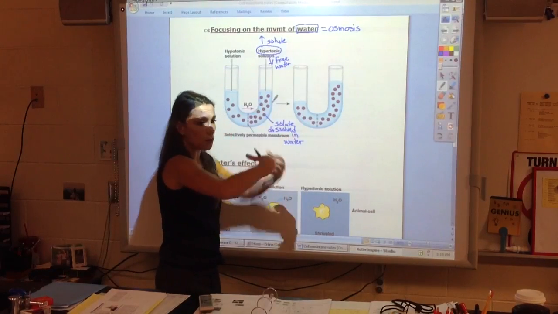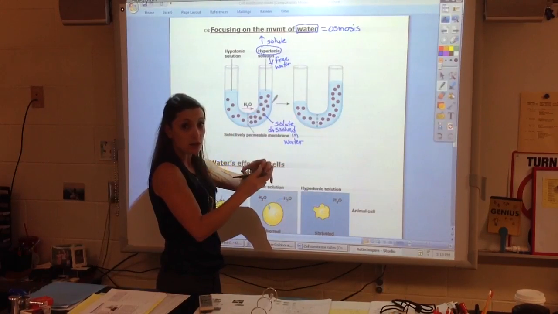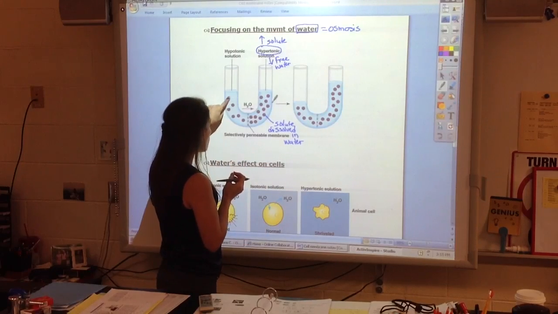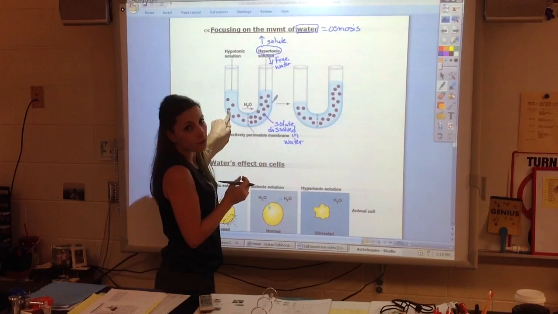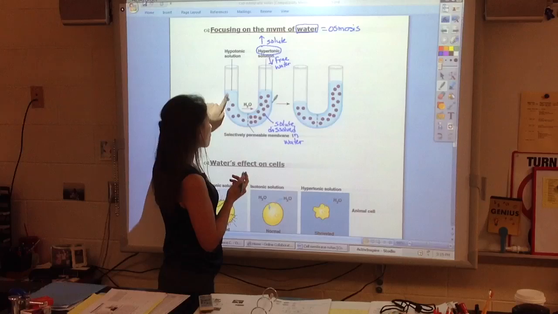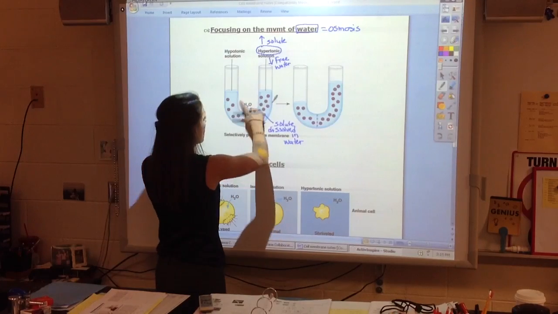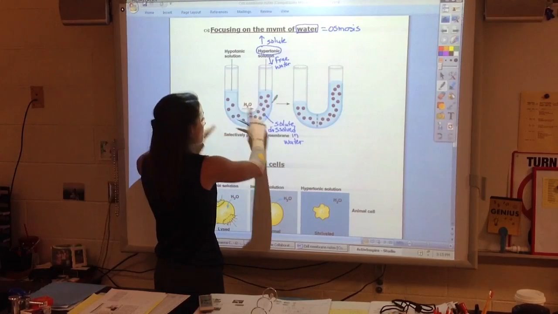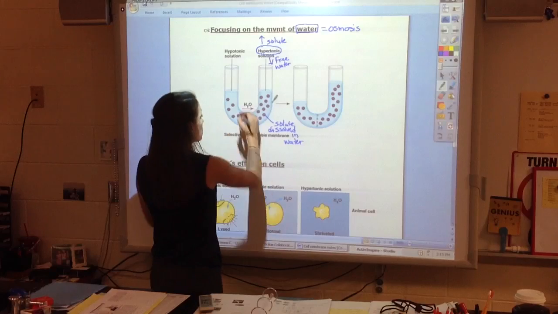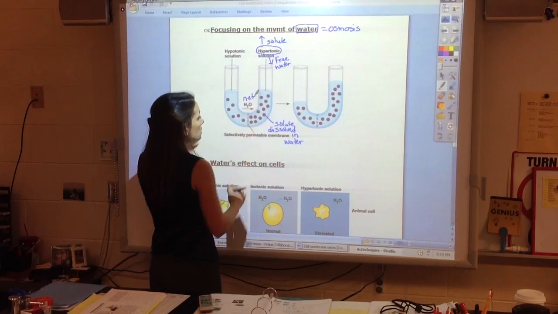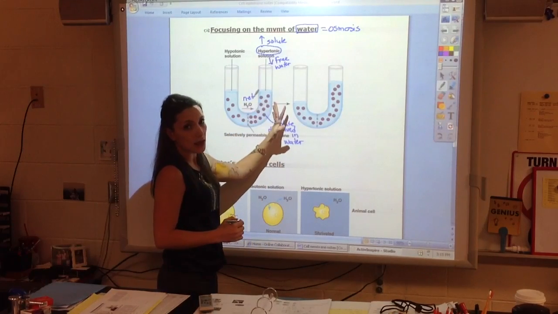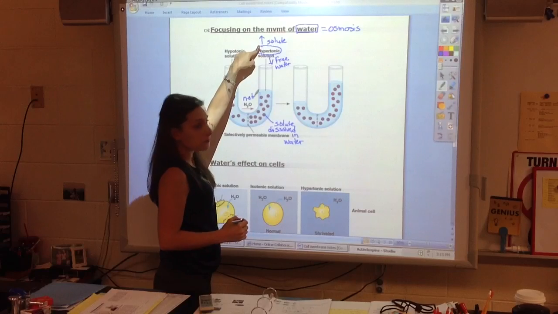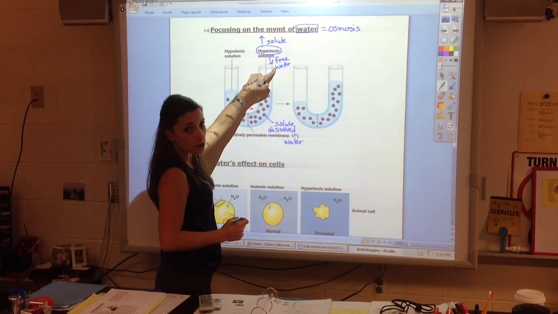Remember that idea of all the water molecules attracted around like a sodium ion? So over here we have a lot more free water molecules. So those free water molecules are moving around, that thermodynamics, and so the net movement of water is going to be to this side. More solute, less free water molecules.